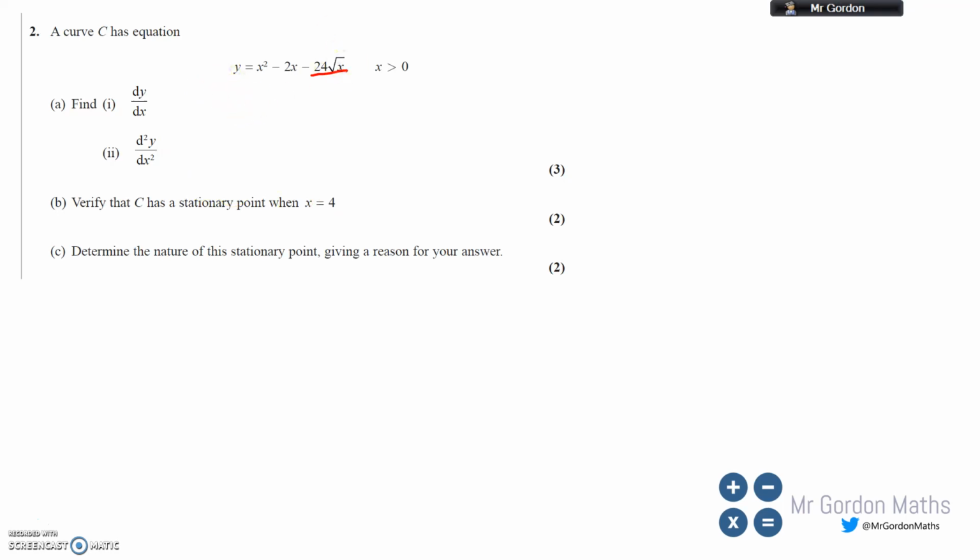All right, so we probably should start by writing that out with some indices in the last position to make it easier. So minus 24, and the square root of x is x to the half. So we need to do dy by dx, so times by the power and reduce the power by 1. So let's do this in here.